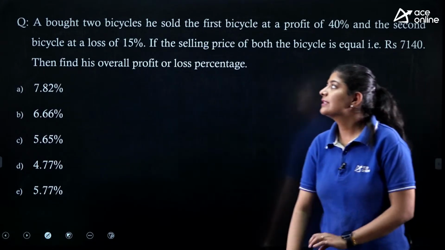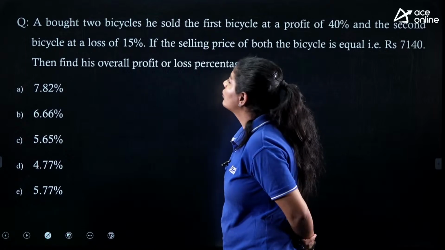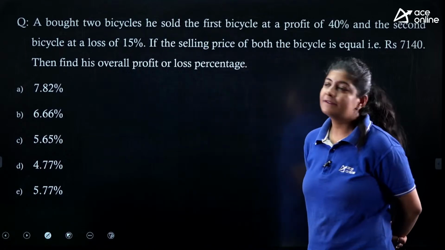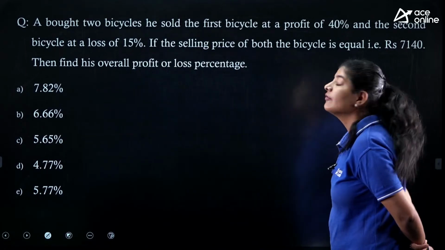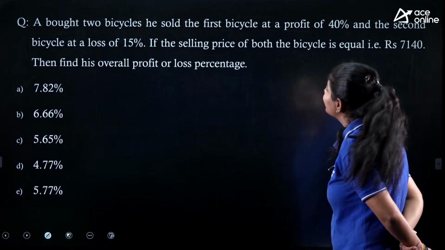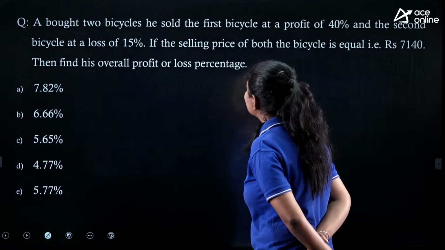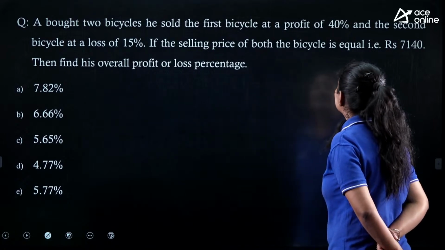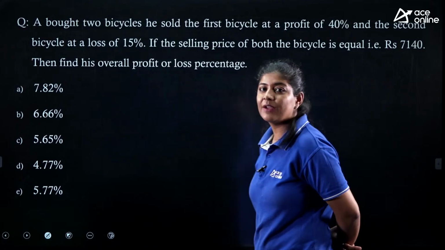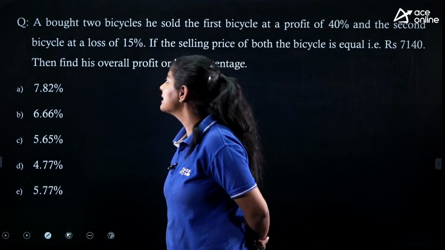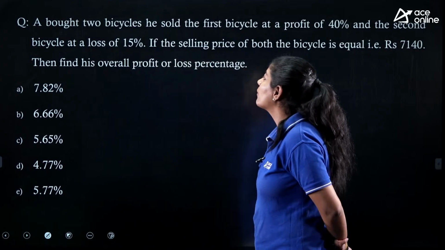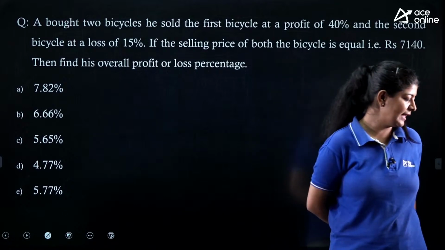The next question says that a man bought 2 bicycles. He sold the first bicycle at a profit of 40% and the second bicycle at a loss of 15%. If the selling price of both the bicycles is equal, that is 7,140 rupees, then find his overall profit or loss percentage.